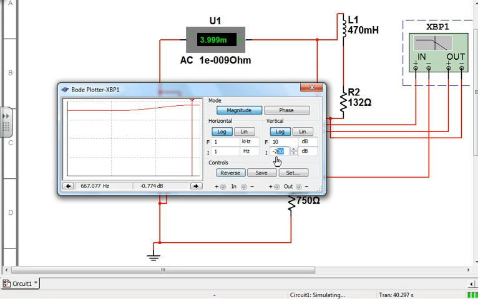Oh, let's change that. Minus 50. Minus 10. Okay. That might be all right, minus 10.